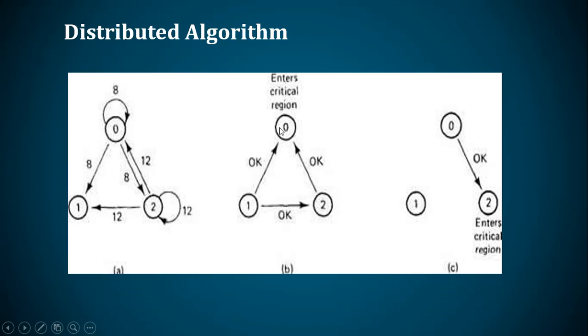So now process 0 will enter inside the critical section. After completing the execution inside the critical section, it sends OK message to all processes in its queue and deletes them all from the queue. So this is the process of distributed algorithm in a distributed system to achieve mutual exclusion.